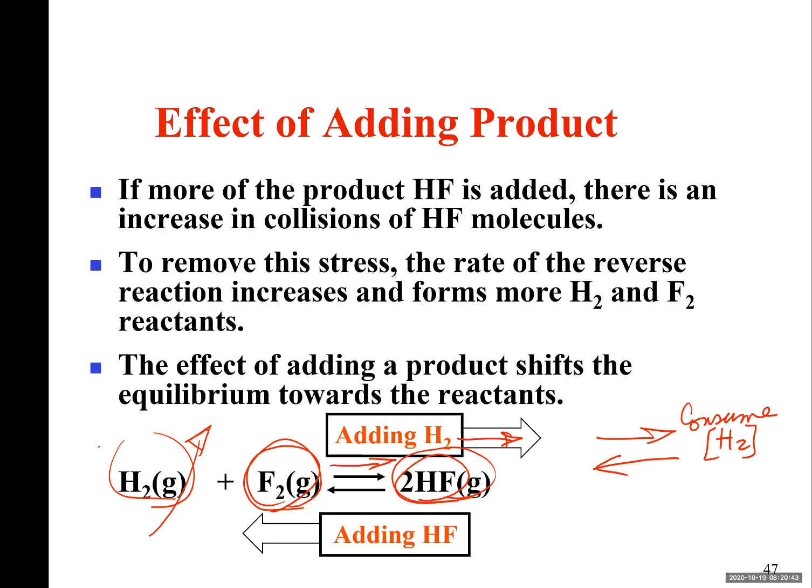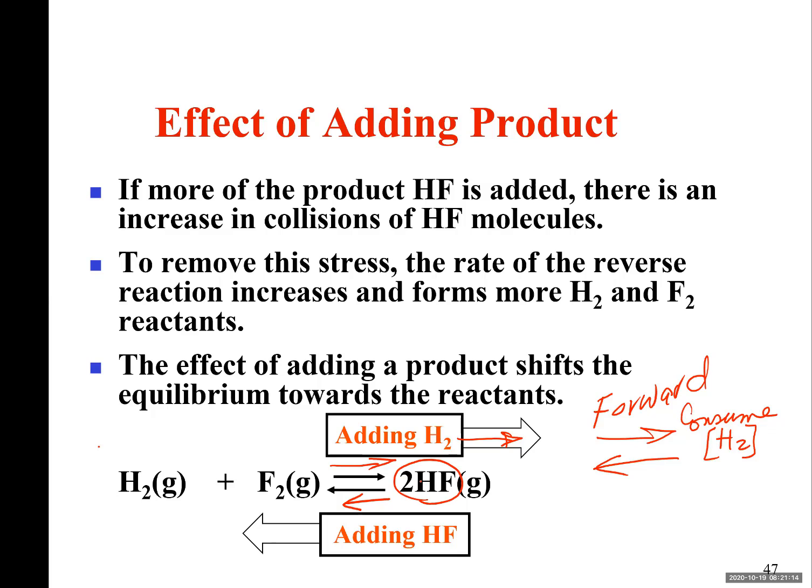I'm increasing hydrogen gas. Equilibrium could either go forward, that means go from left to right, and if it does, it will make more HF and less H2. Or it could go backward. That's all equilibrium could do. If it goes backward, what happens? Backward means the reaction goes from right to left.